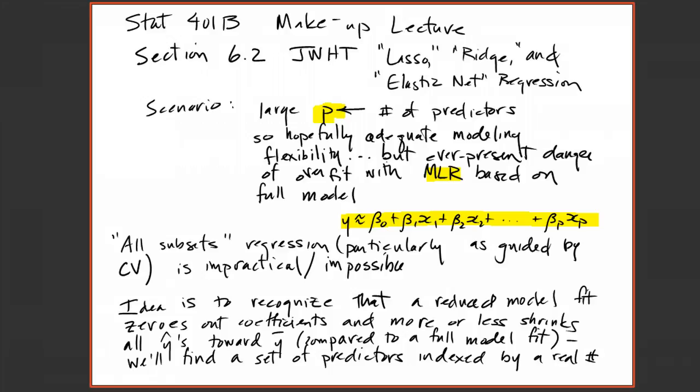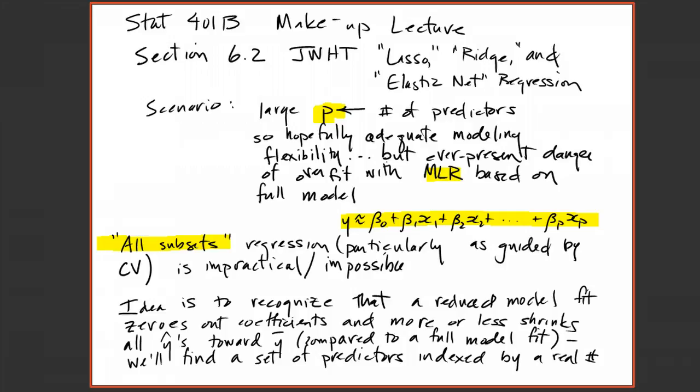Now, one thing that one might try to do or think about doing in this context is say, well, I'll look around and not use all p predictors, but I'll pick some smaller number of them.